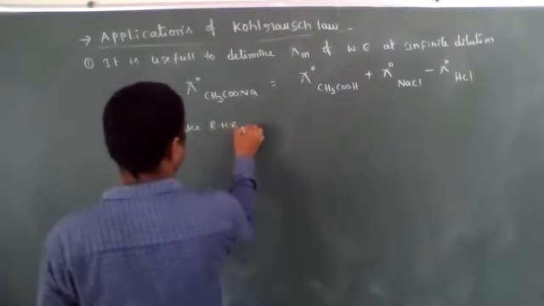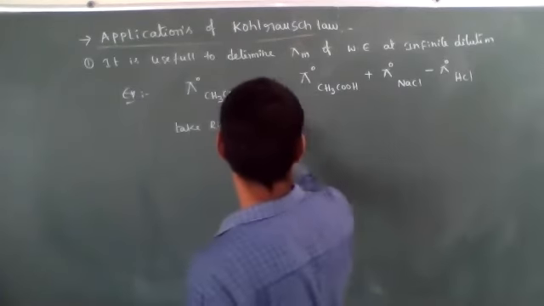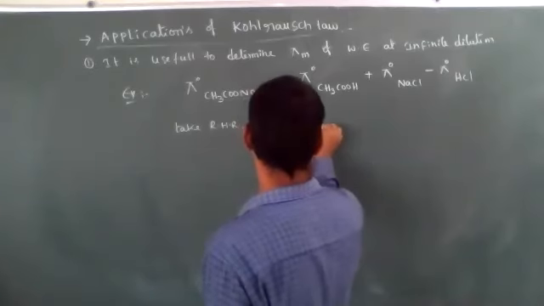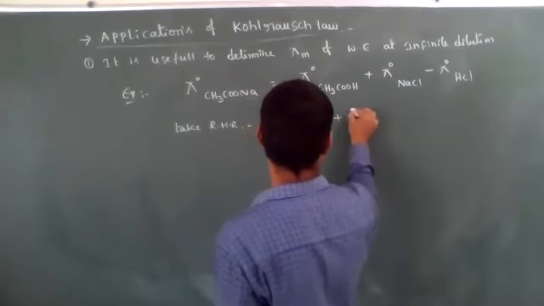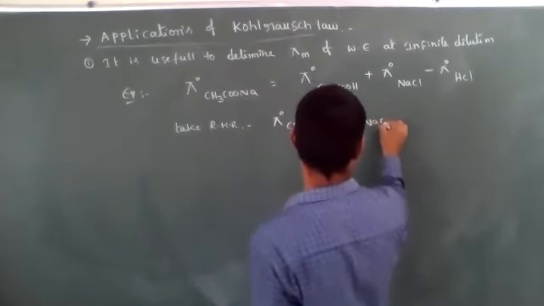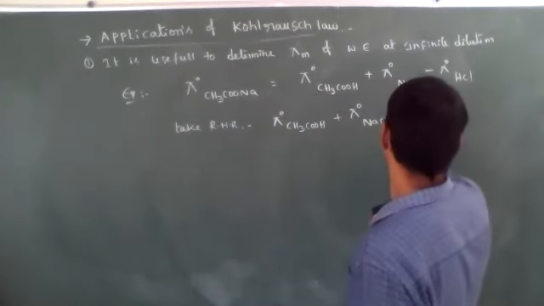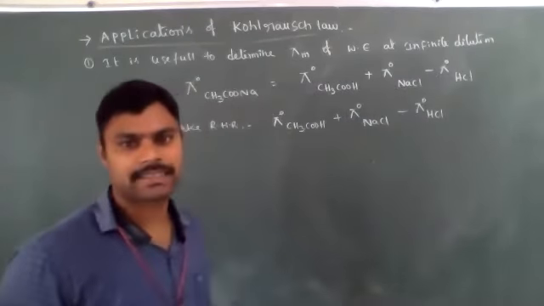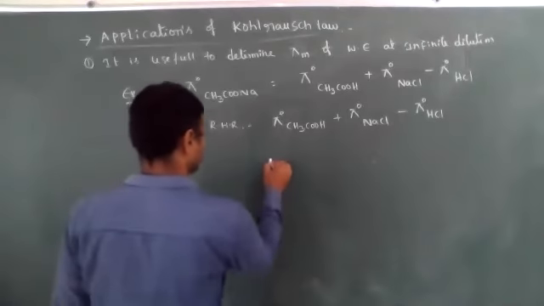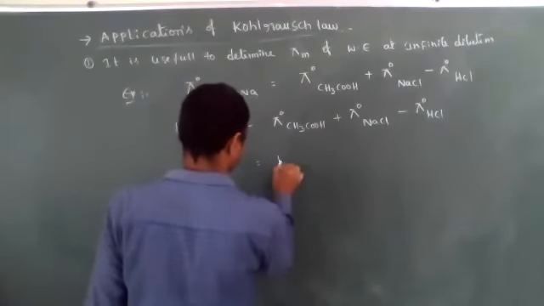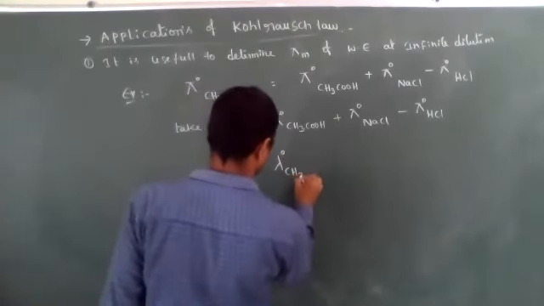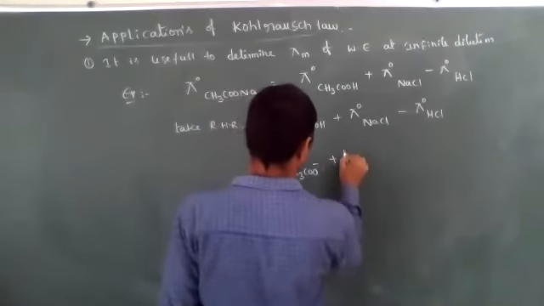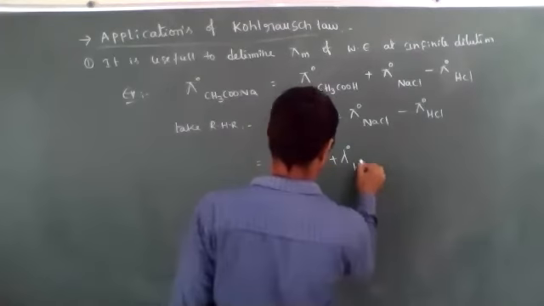RHS. What are the ions present? Acetic acid plus sodium chloride minus HCl, hydrochloric acid. Acetic acid can be ionized to give CH3COO minus and H plus. Means lambda naught CH3COO minus plus lambda naught H plus ions.